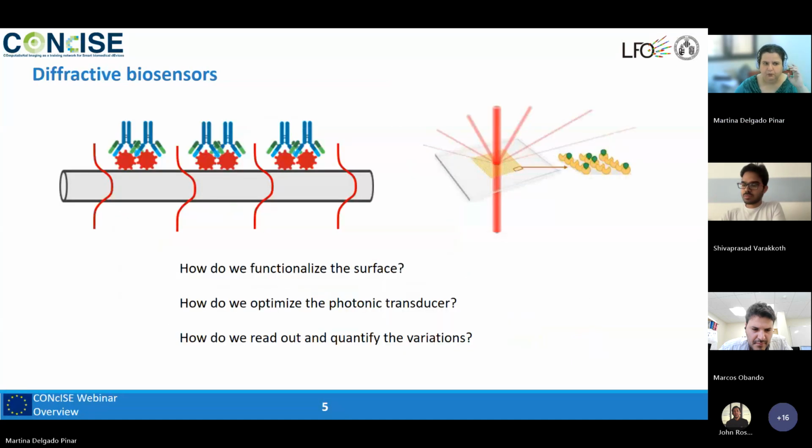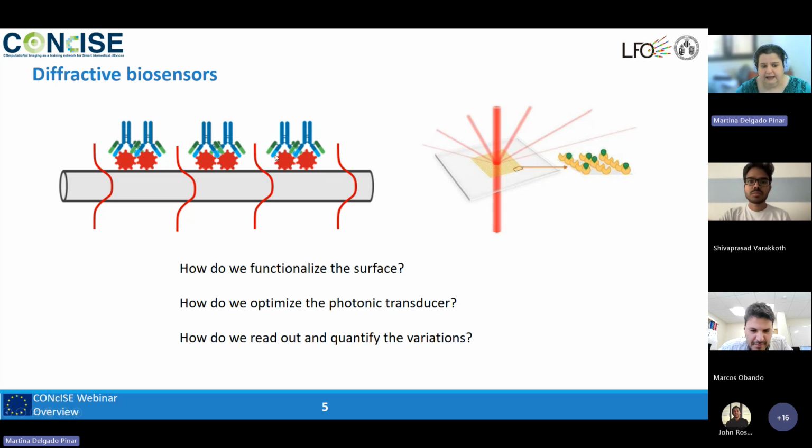So when we have to design a biosensor, we have to think about different things. The first one, which is the part where the chemists have to do their work, is how we functionalize the surface. That means how we modify the surface to make this platform, the fiber or whatever we want, sensitive to the interaction or the binding between molecules.